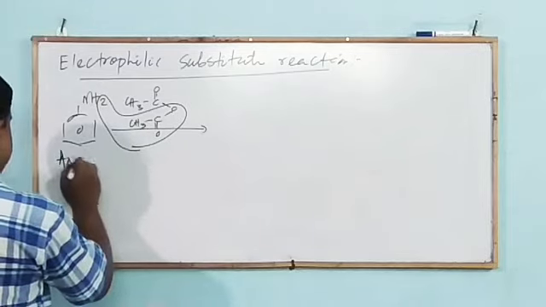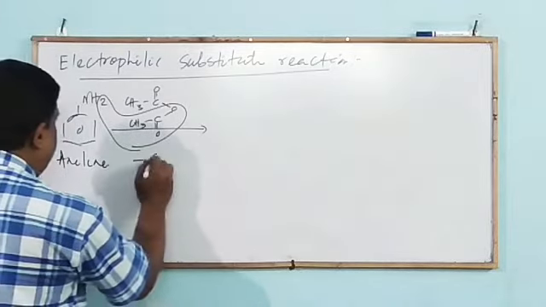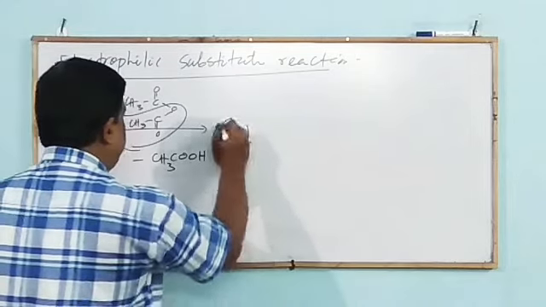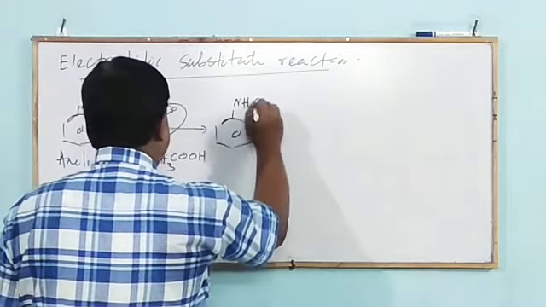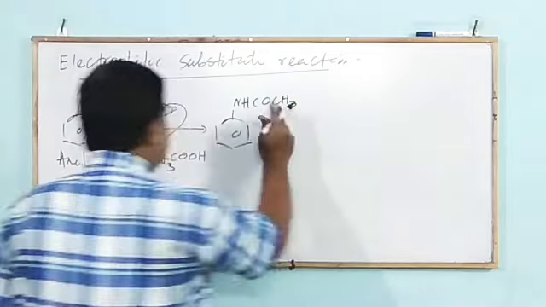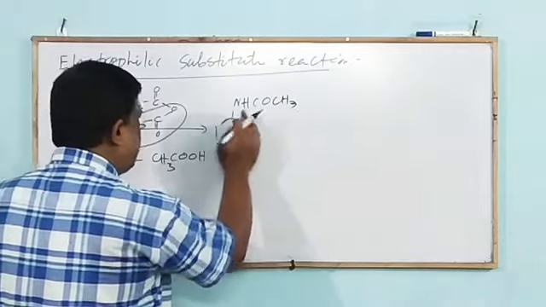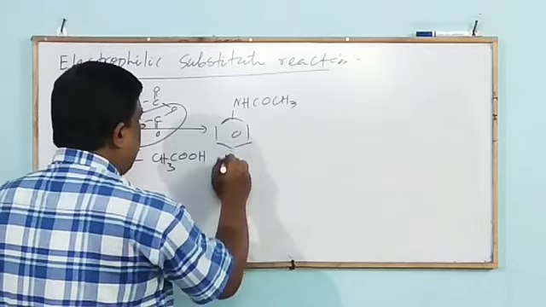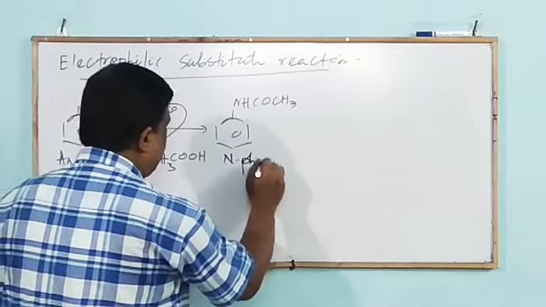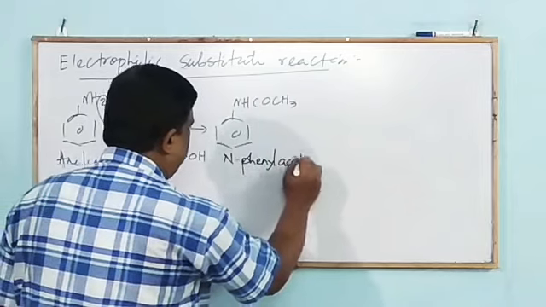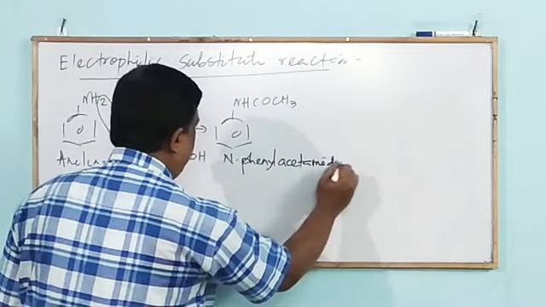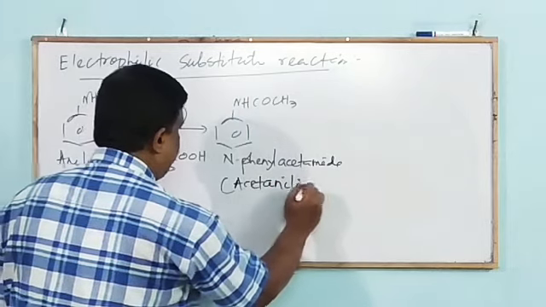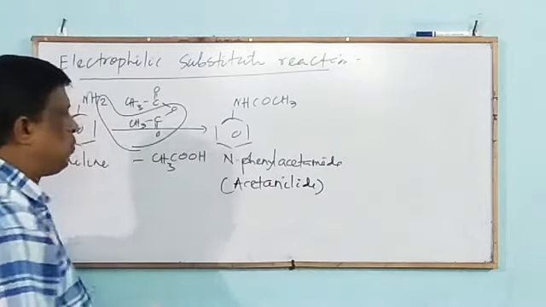CH3COOH is formed as a byproduct. And the product is NHCOCH3, CH3CONH, that is acetamide. So the total name is N-phenylacetamide, or it is known as acetanilide. Now this is protected.